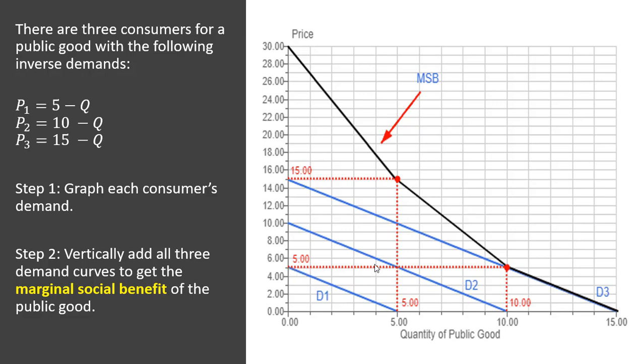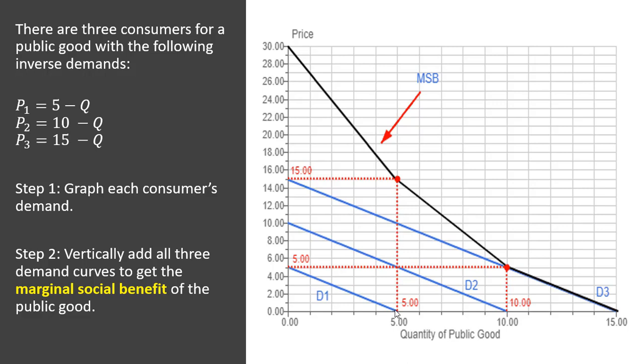That's going to be 5. Then I'm going to add up the price from the third consumer's demand, and that's going to be 10. So 10 plus 5 gives us 15. And that is going to be another point on the marginal social benefit curve. You can connect those lines from this point all the way up to this point down here.